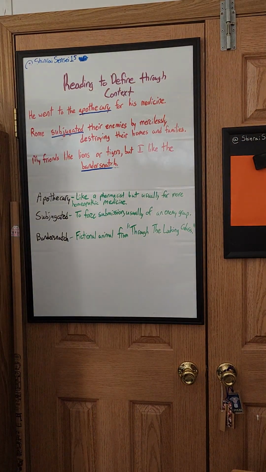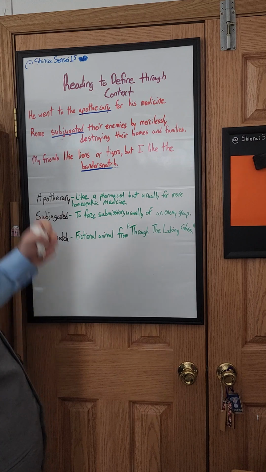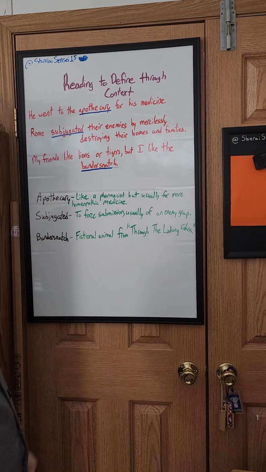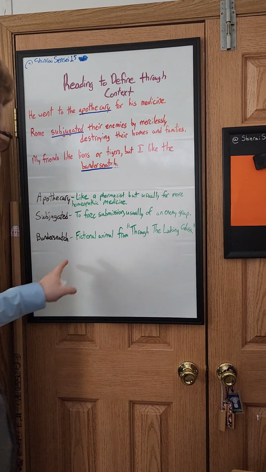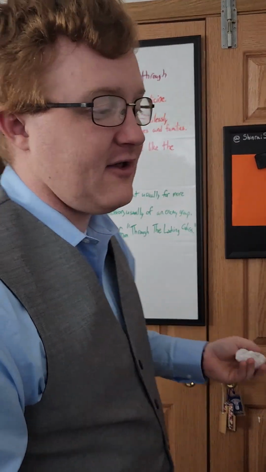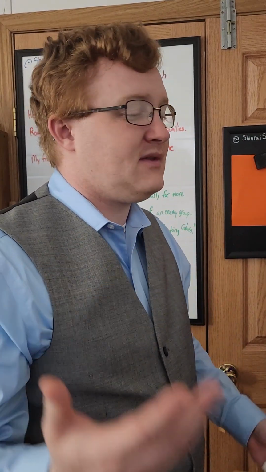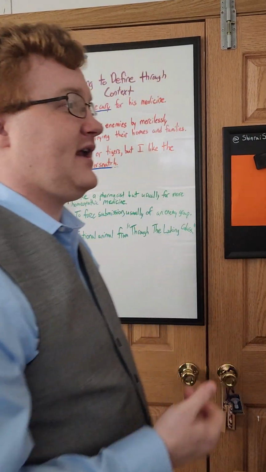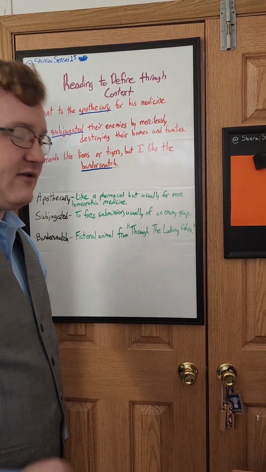But just some examples for reading for context. And like I said, this is 2 good examples and then 1 not very good example. And the Bandersnatch is a fictional animal from Through the Looking Glass anyway, so it being a fictional animal makes it a worse example. Like I said, not every time does a textbook actually have a good answer on these and good examples that they give.